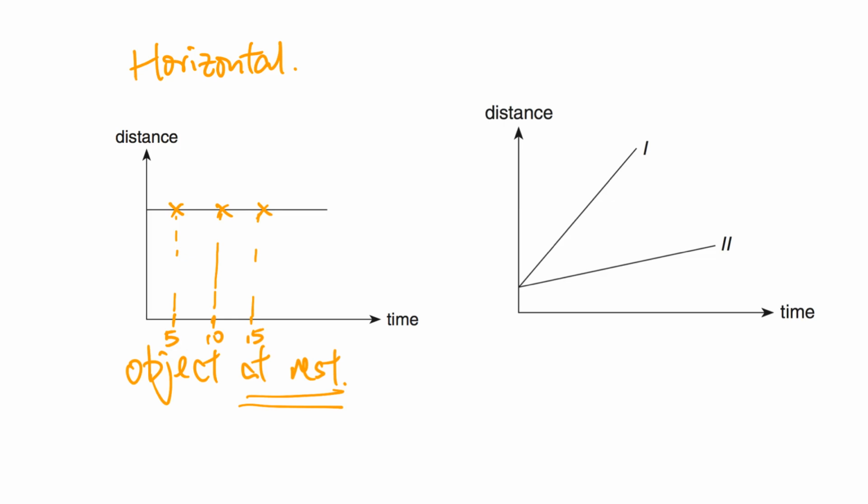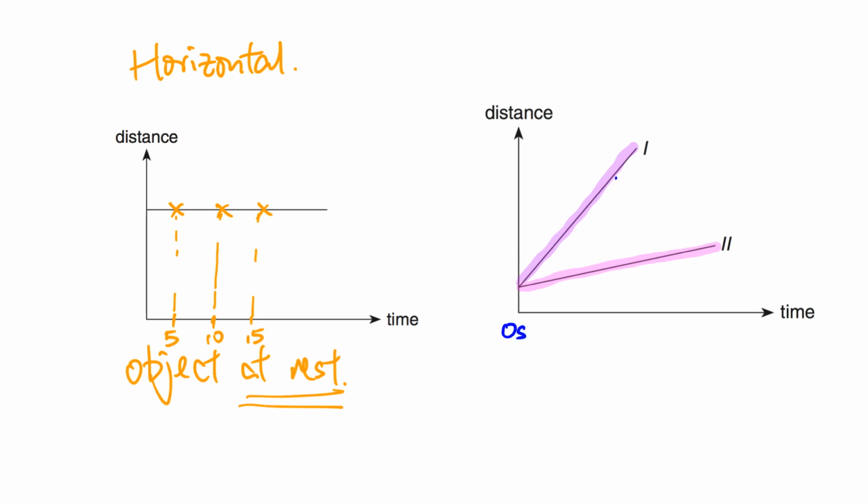So we say that the object is at rest if the graph shows a horizontal line. However, if it's a graph with a slope, the slope can also be different. First of all, it can be a steeper slope like this, or a flatter slope. So when you look at this, we can see which one is faster. Say for example, they start at the same time, which is 0 second.